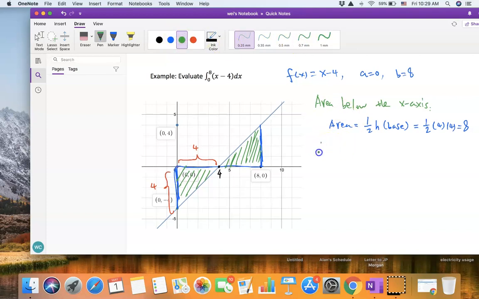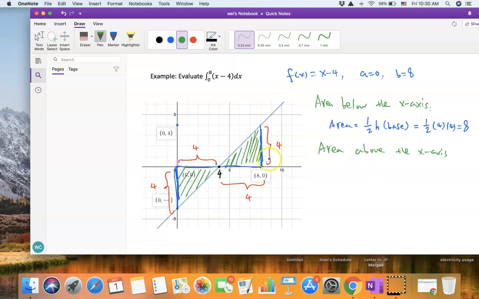Okay. And then let's see what the area above the x-axis is. It is also a right triangle, and the base is also 4, from 8 to 4. So the base is also 4, and the height is the length of this, the function value at 8. Now the function value at 8 is 8 minus 4, which is 4. The height is also 4.